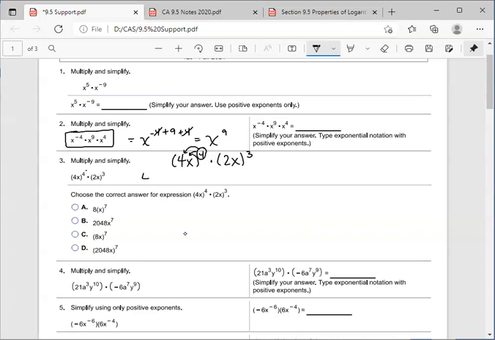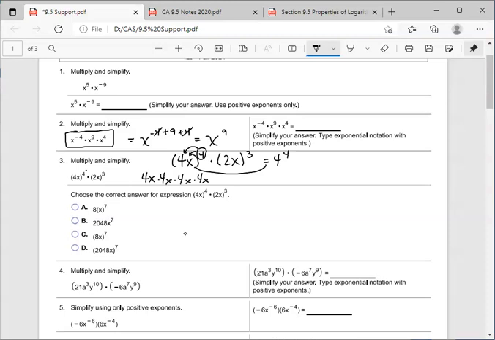Because what that means is you're saying 4x times 4x times 4x times 4x, 4 times, right? That's what that means. So the shortcut is that we've got 1, 2, 3, 4 fours. So that part, since we have 4 fours, would be 4 to the fourth.